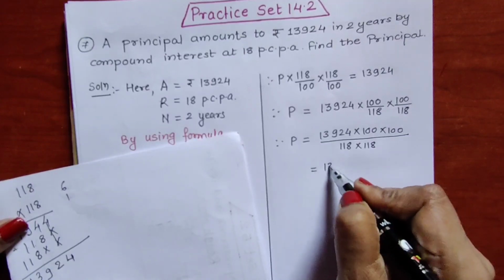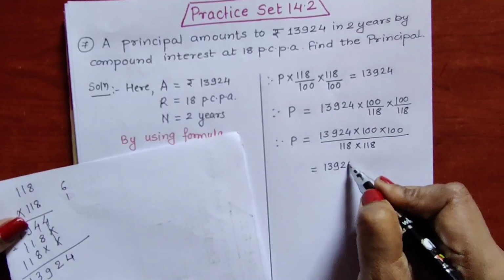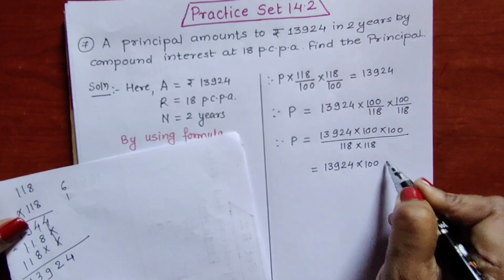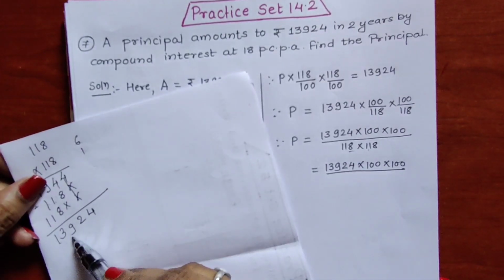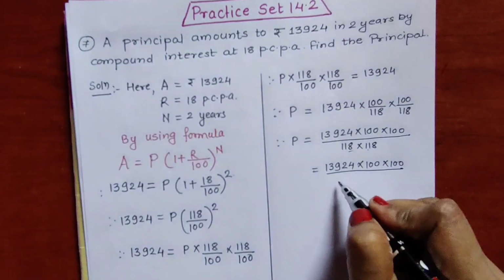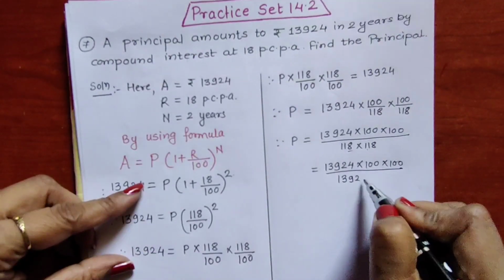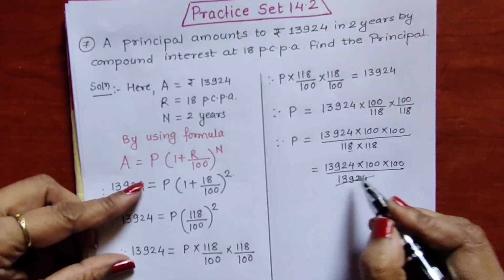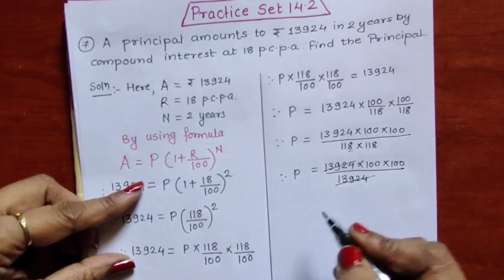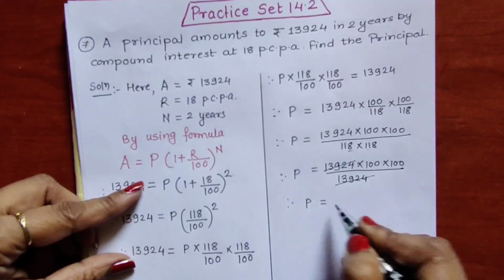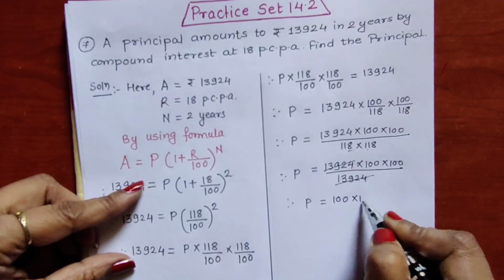So in the numerator as it is I write 13,924 multiply by 100 into 100, and the multiplication of these two numbers, just now we have got 13,924, so that I am writing 13,924. So this 13,924, 13,924 cancel each other, and we get only 100 multiplied by 100.